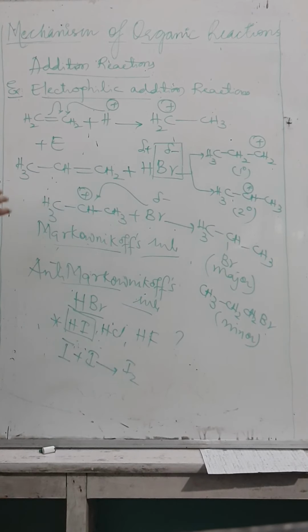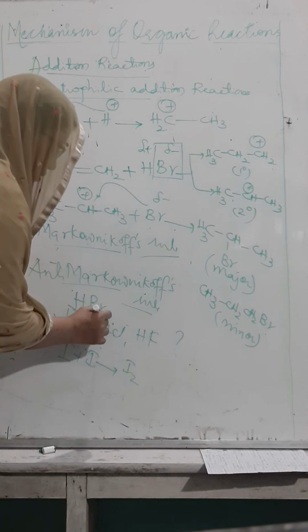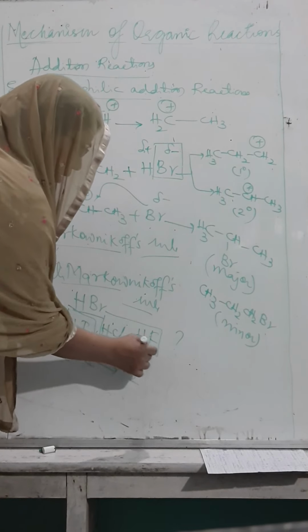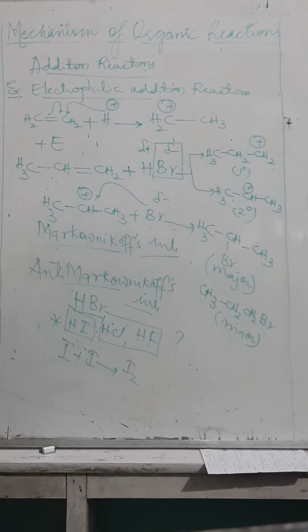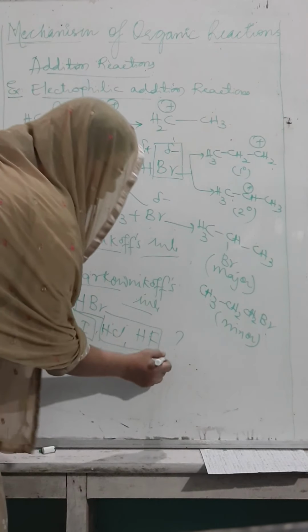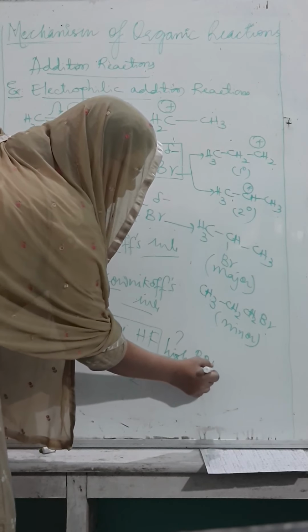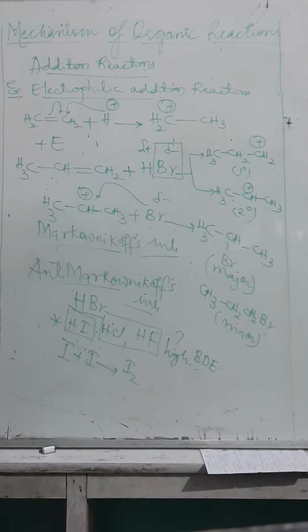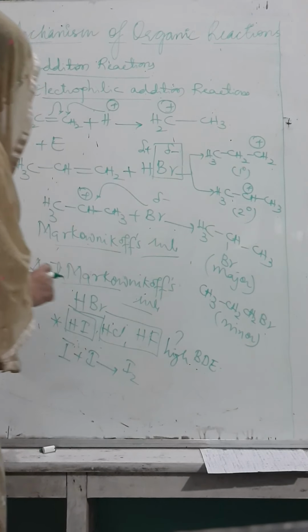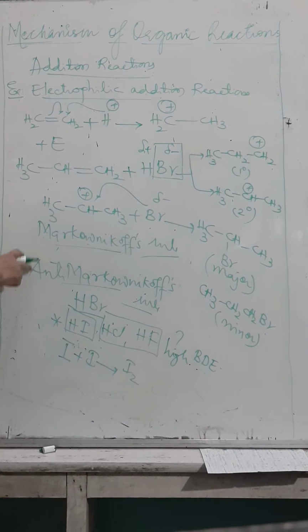It means that the anti-Markovnikov rule is not applicable for HI. It is not applicable for HCl and HF also. Why? They have high bond dissociation enthalpy. Due to high bond dissociation enthalpy, they cannot produce the product based on the anti-Markovnikov's rule.